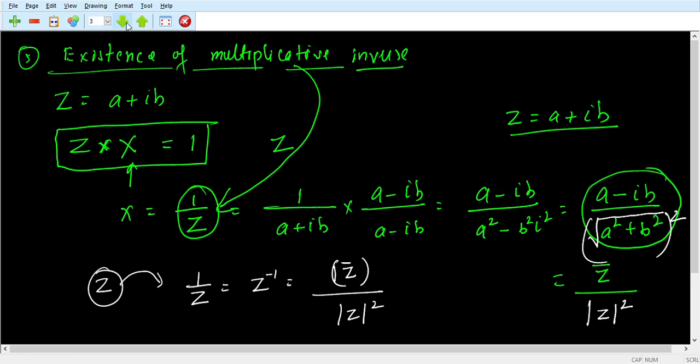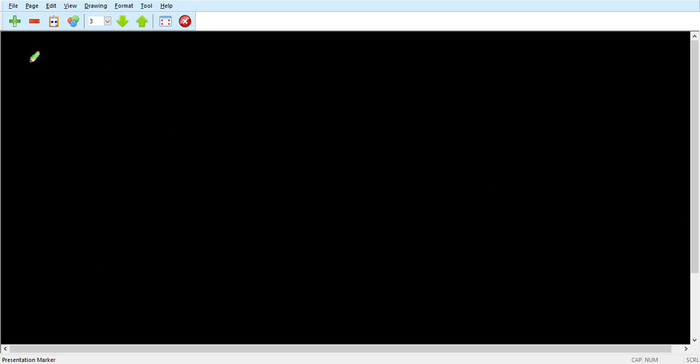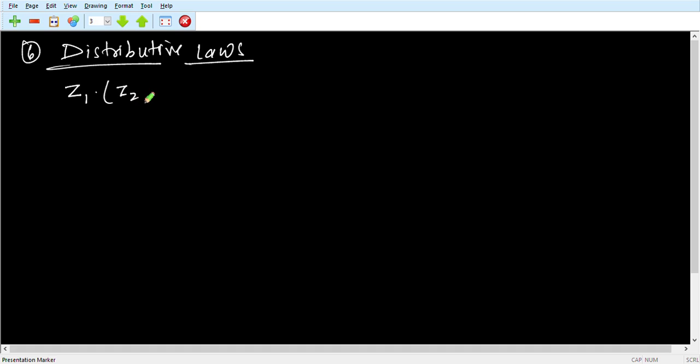The next concept, the sixth concept, is distributive law. Distributive law says, let us suppose I have three complex numbers z1, z2 and z3. So z1 into z2 plus z3 is going to give me z1 z2 plus z1 z3.